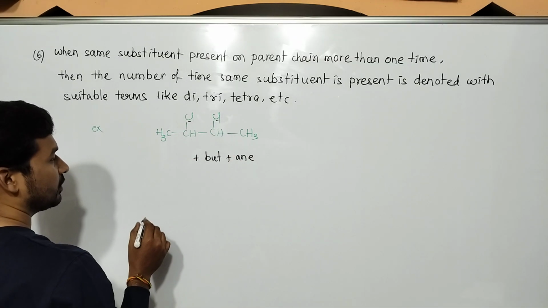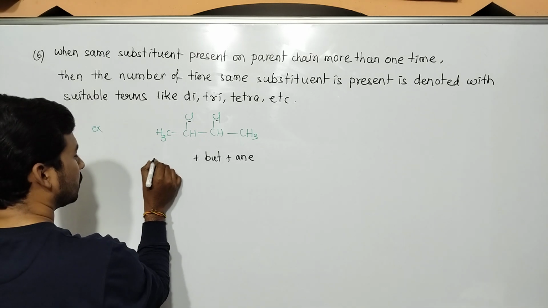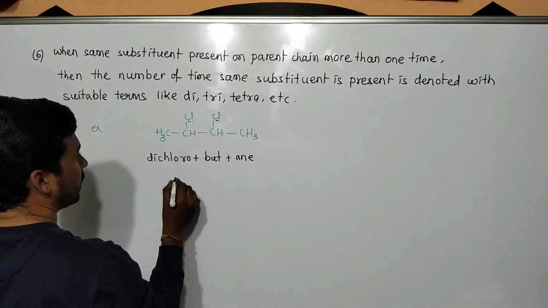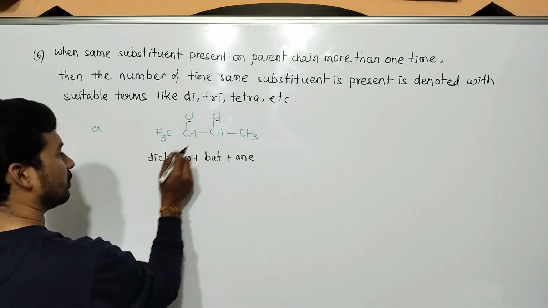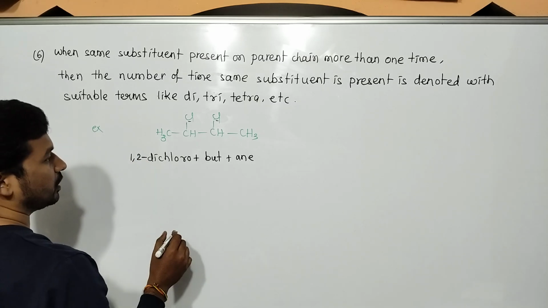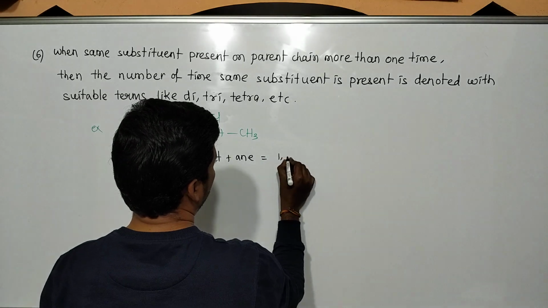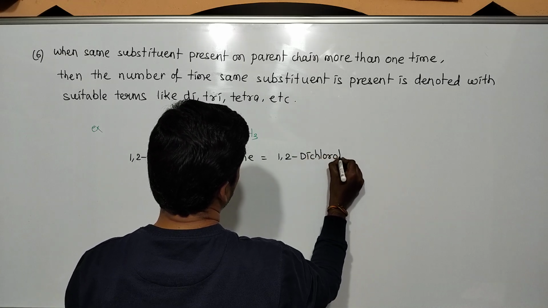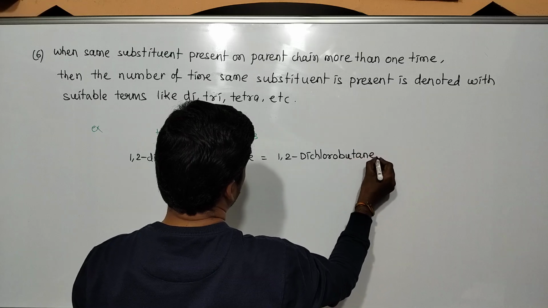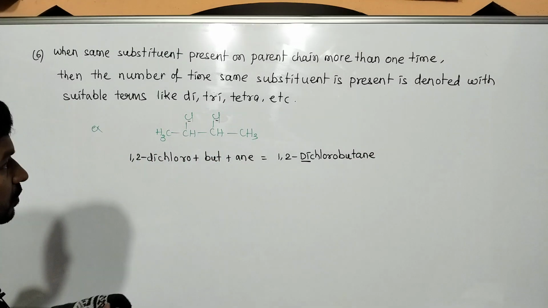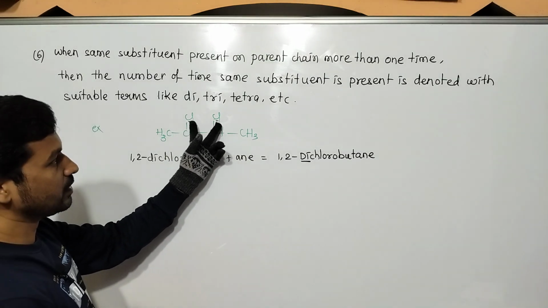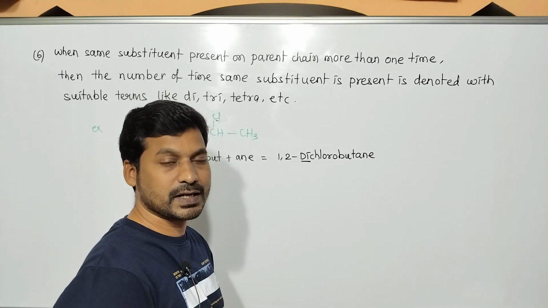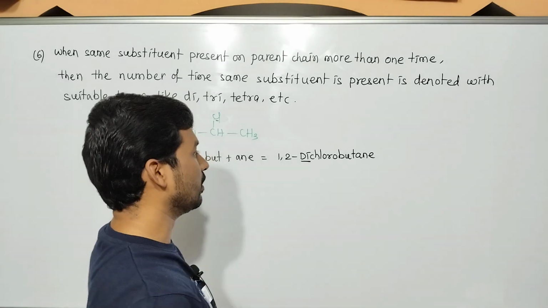When chlorine appears 2 times, use di. Dichloro. Chlorine appears 2 times, so dichloro. At which positions? Second position, third position. What is the IUPAC name? 2,3-dichlorobutane. Using this di, this rule tells that when the same substituent is repeated 2 times, use the term di. If the same substituent is repeated 3 times, use tri, 4 times tetra, like that.